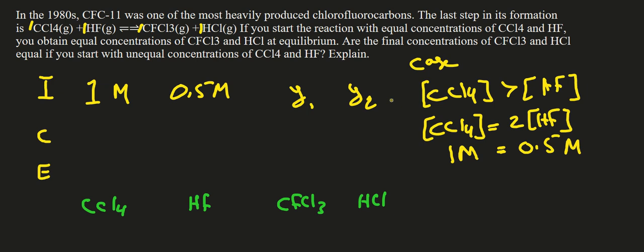Since all are 1-to-1 mole ratio, we just need to look at the one with the lowest number of moles or concentration, which in this case is the hydrochloric acid. So hydrochloric acid in this case is the limiting reactant.